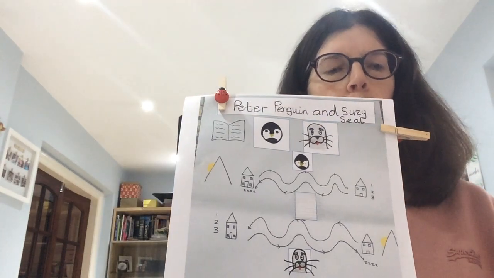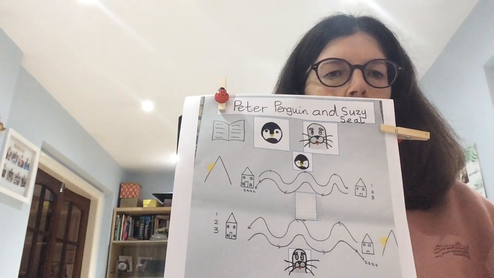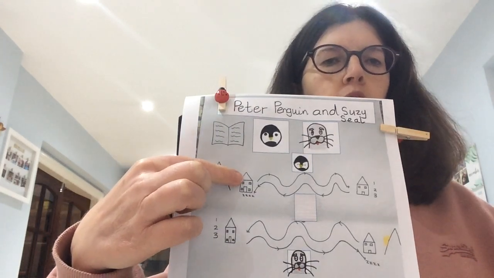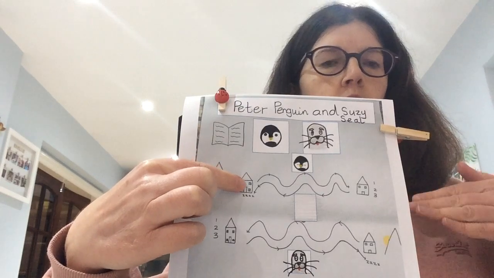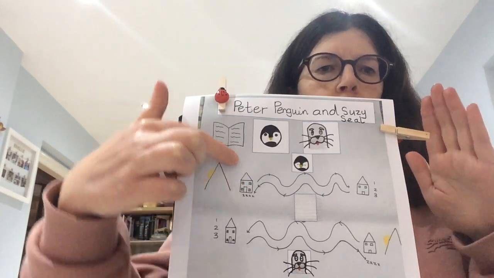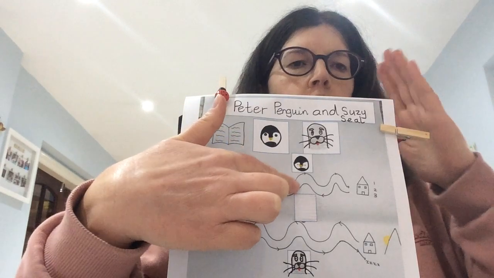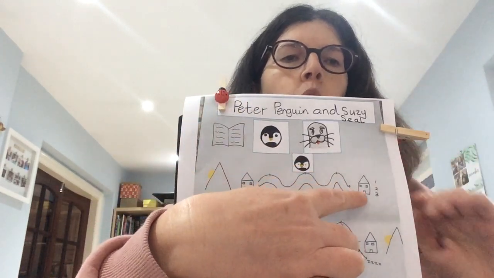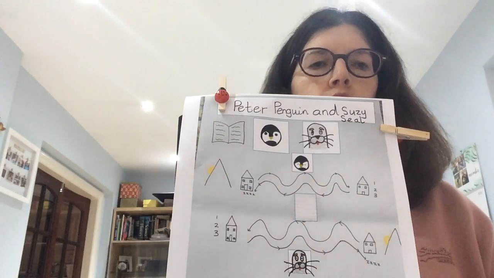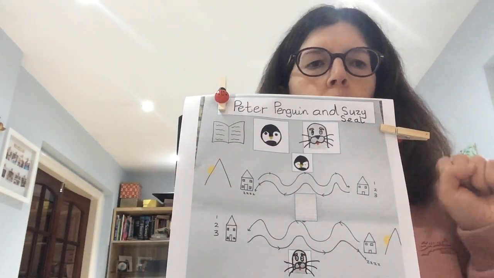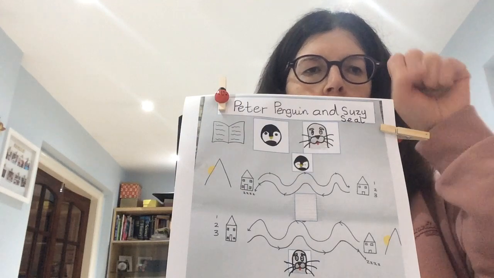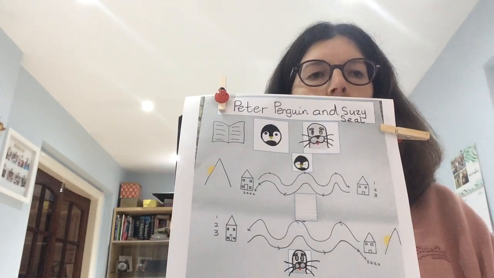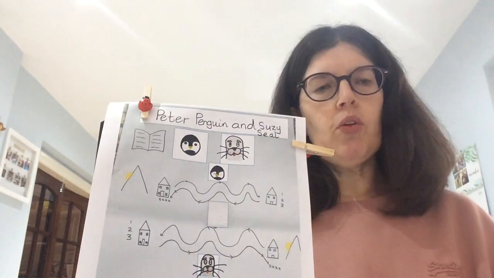So he opened up the door, popped outside and closed the door. Then he went up the hill and down the hill, all the way to Susie Seal's house, where he knocked on the door. But Susie Seal didn't answer, so he knocked on the door again.